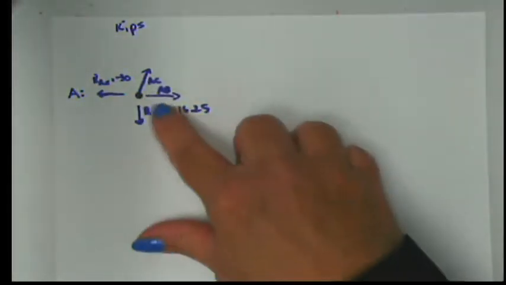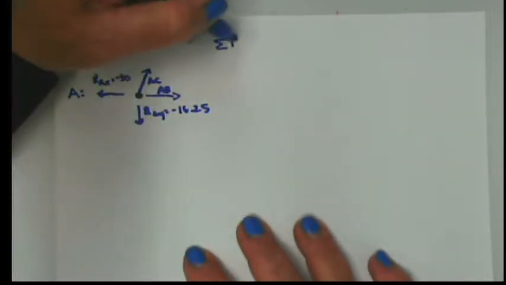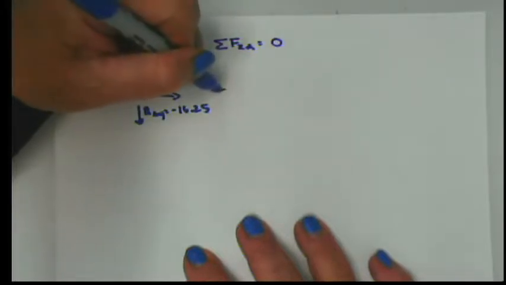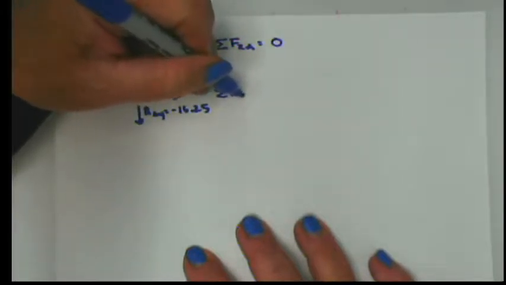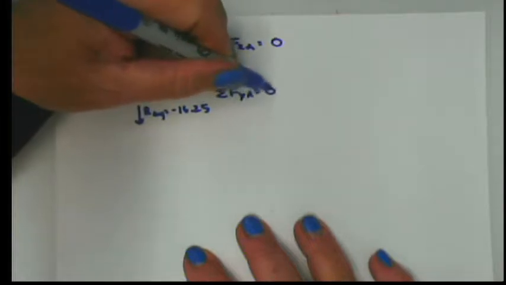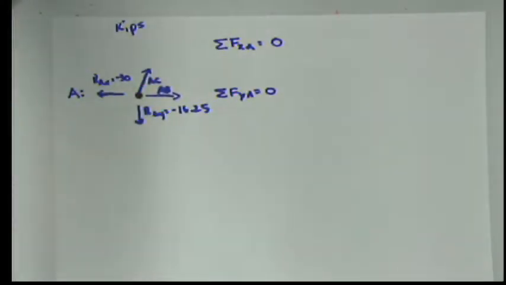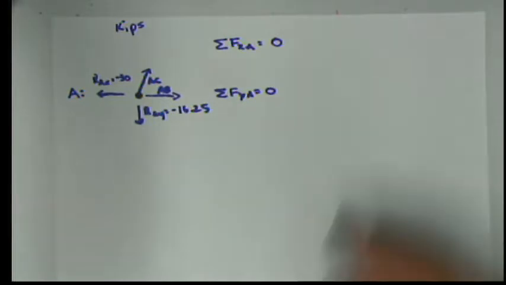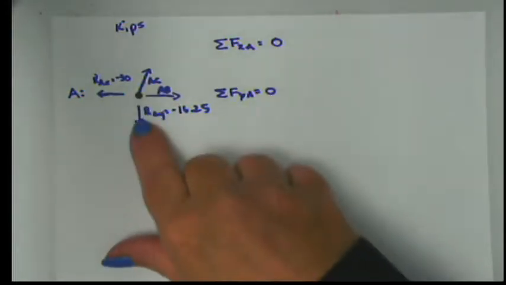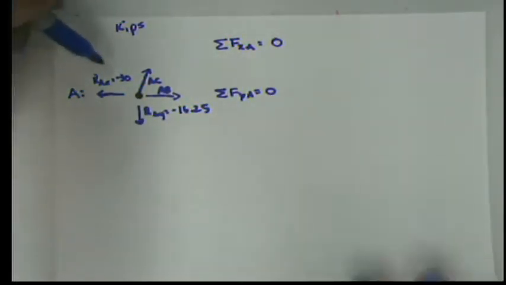All right, so everything that goes into the joint has to sum to 0. The summation of forces in the x direction going into joint A has to be 0, and the summation of forces in the y direction going into joint A also has to be equal to 0. So I can go ahead and write equations for this based on my knowns and unknowns.